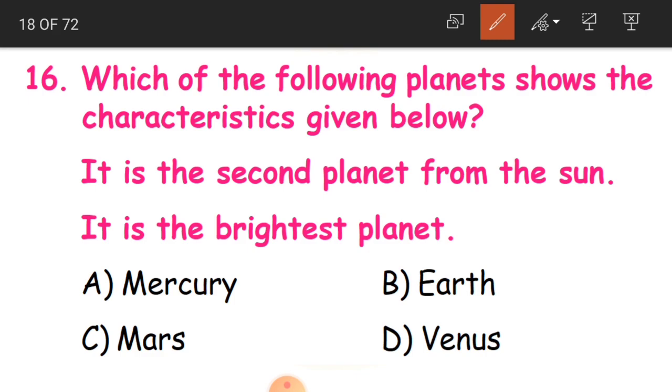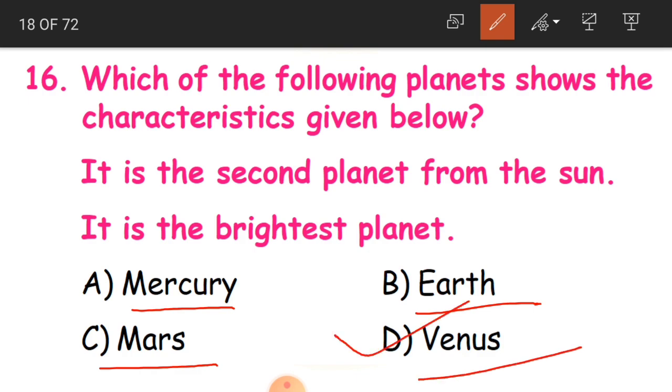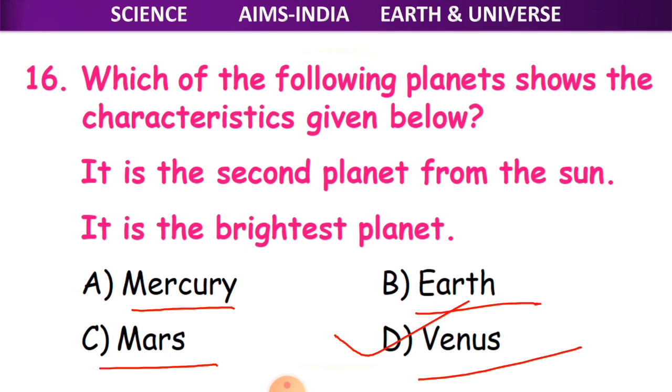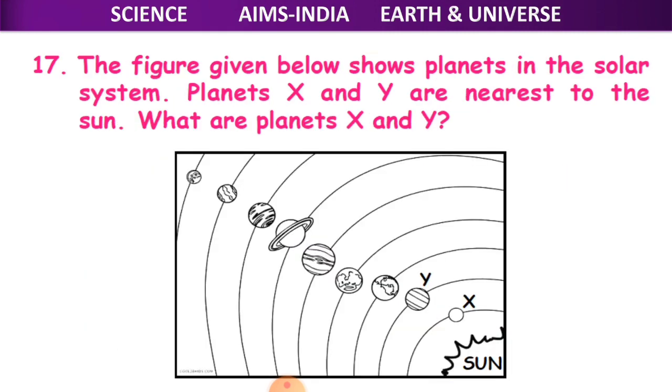So it must be the second planet and it is the brightest planet. Is it Mercury, Earth, Mars or Venus? And the answer is Venus. No, this is the second one and it is also the brightest planet. We also call Venus the hottest planet. Now clear children?